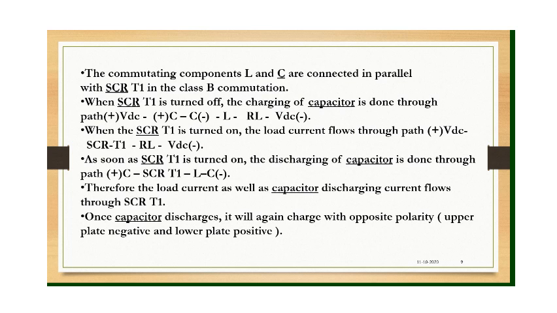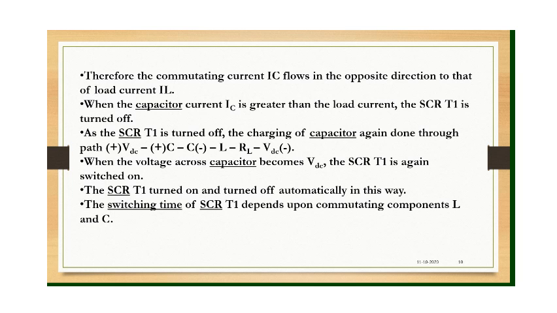So therefore the load current as well as the capacitor discharging current flows through the SCR in that stage, right? Once the capacitor discharges, it will again charge with opposite polarity, as I mentioned.